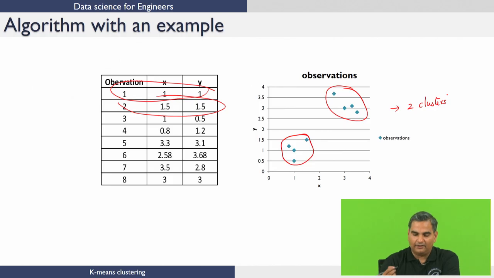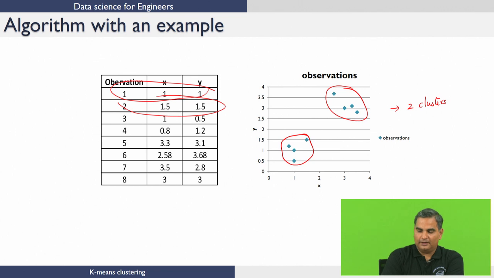So, right at the beginning we have no information, right. We do not know that these belong to one cluster and all of these data points belong to another cluster. We are just saying there are going to be 2 clusters, that is it. So, how do we find the 2 clusters? Because we have no labels for these and this is an unsupervised algorithm.